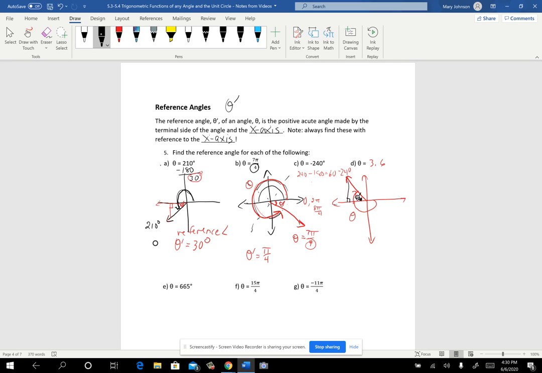You see that? I just need that little piece from the pi, 180, till 240. And wasn't that 60? Theta prime equals 60, not negative 60, just 60. It's always just a positive acute angle. Okay, all right, let's look at another one.